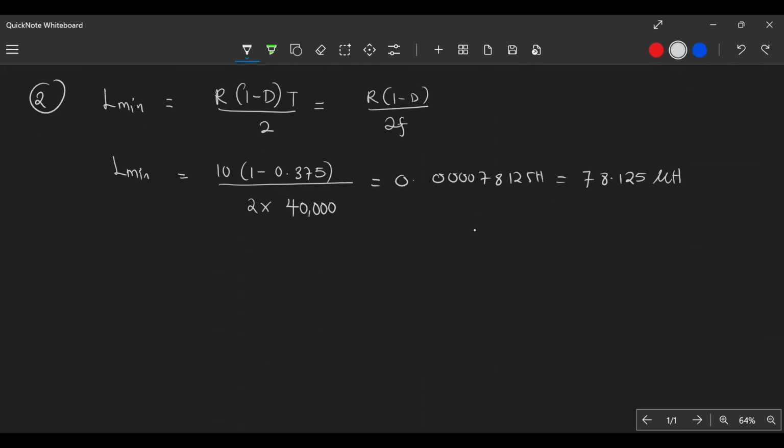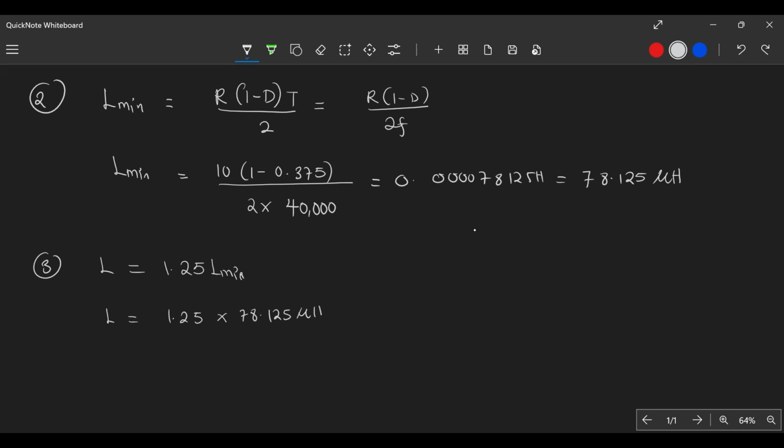So first, let's find L itself. I told you that L is equal to 1.25 times Lmin, right? We have just calculated the minimum inductance, so we can substitute. So 1.25 times Lmin, where Lmin is simply 78.125 microhenry.